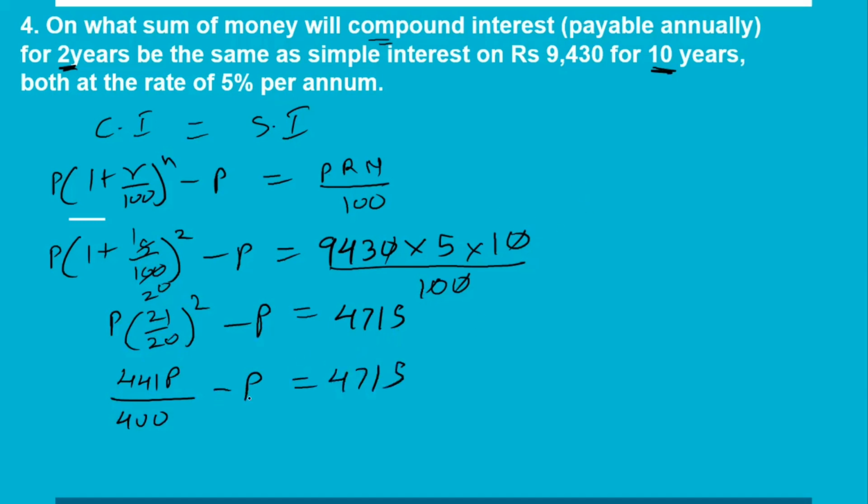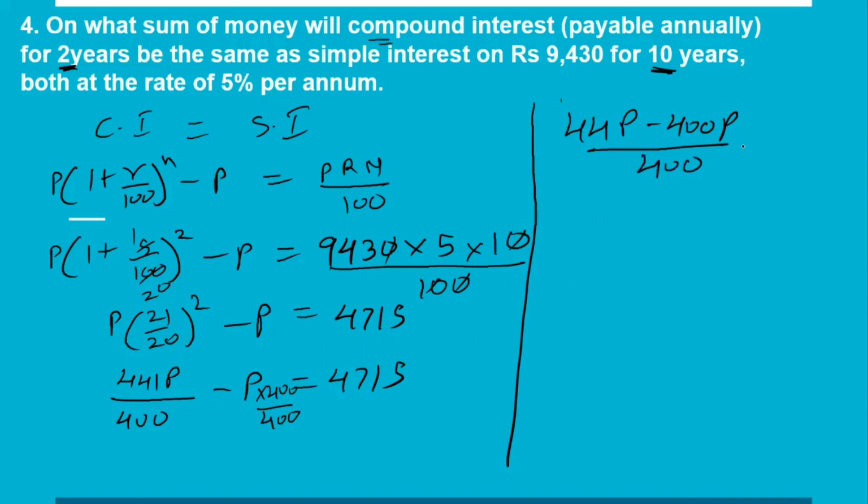So let us simplify this. The LCM is going to be 400, so we multiply by 400 and divide by 400. So we get 441P minus 400P upon 400 is equal to 4,715. Now 441 minus 400 is 41, so 41P upon 400 is equal to 4,715.